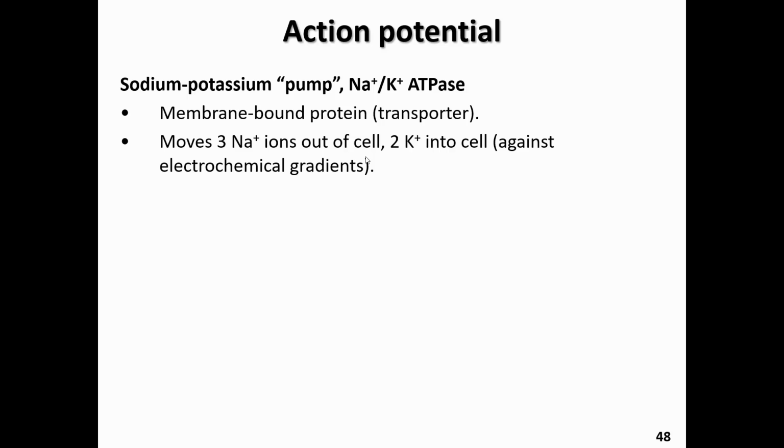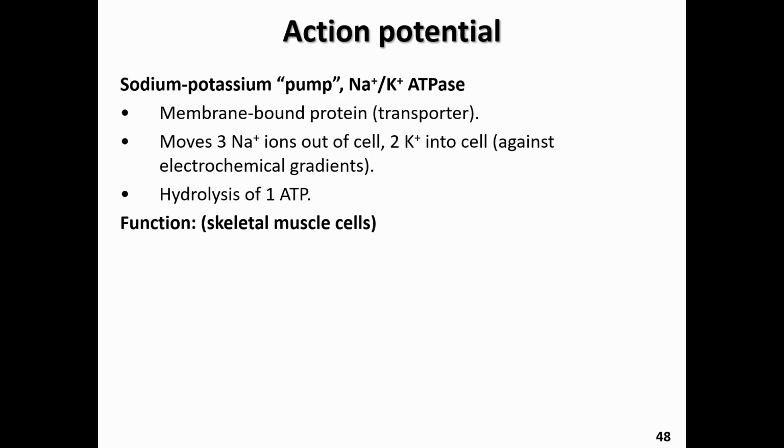Now, the movements of both of these ions occur against the electrochemical gradients, as well as the concentration gradients for these two ions. And in order to move these ions, quote unquote, uphill, it does require the use of one ATP molecule for every 3 and 2 sodium and potassium ions, respectively, to move against their gradients.